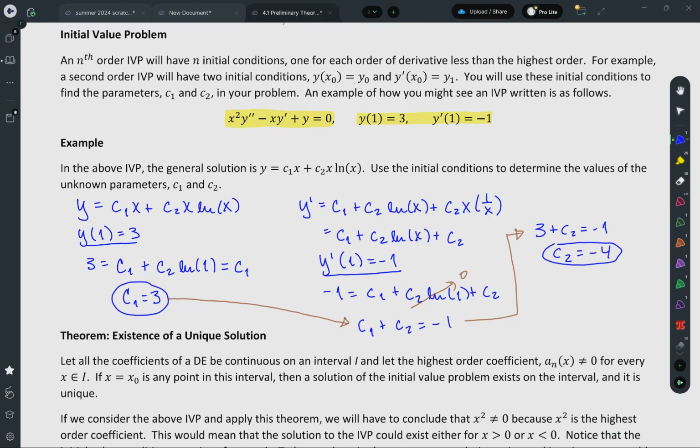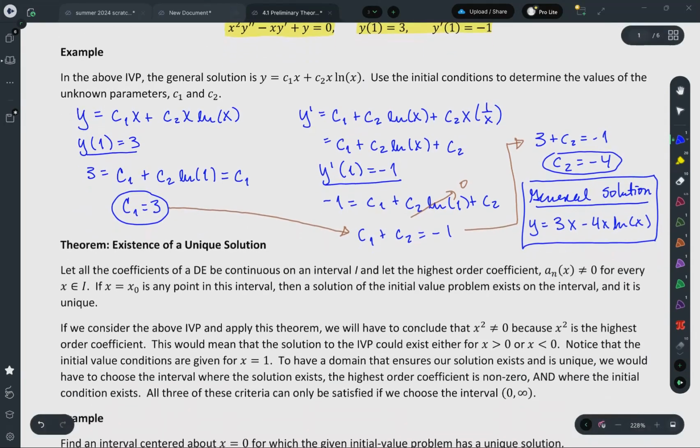Once we have the parameters, we can go ahead and express the general solution in terms of those parameters. So the solution is then y is equal to 3x minus 4x ln of x. So not much different from what we did before.